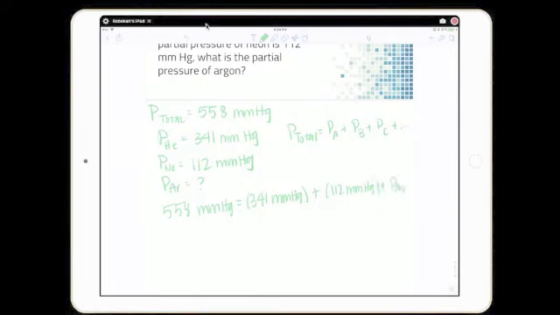And so I can say the pressure of argon is just going to be simple: 558 minus 341 minus 112 must be 105 millimeters of mercury. If you need some help with that algebra, let me know. We can go over some of that as well.